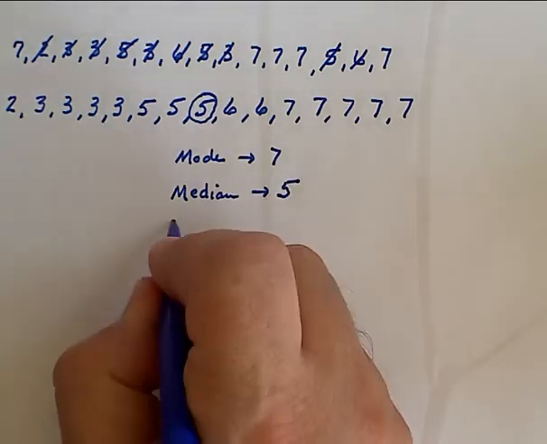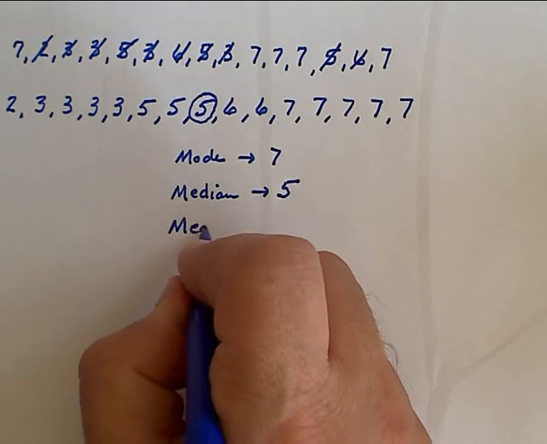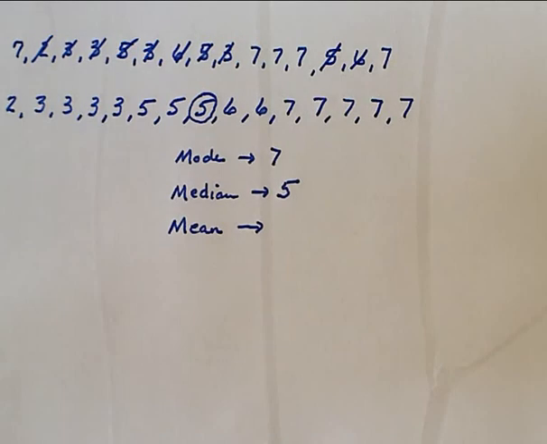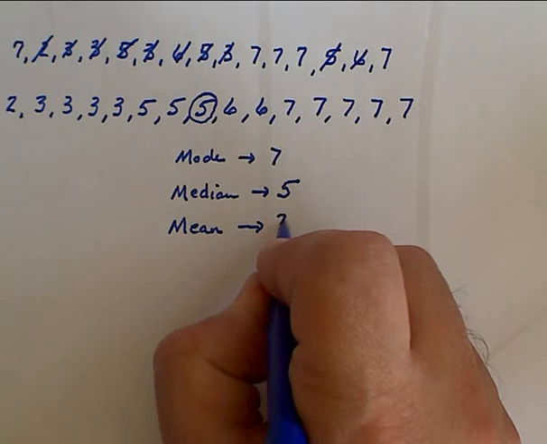My mean, now it's just going to take me a little bit of calculator work here. So I'm going to go ahead and add those up. And I'll double check it in just a minute.